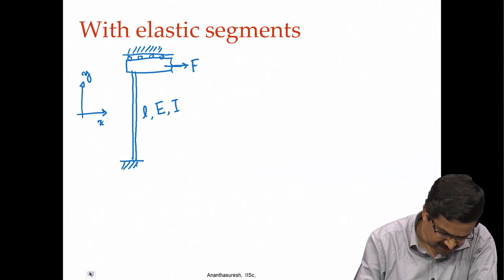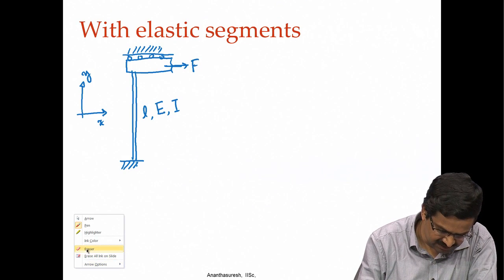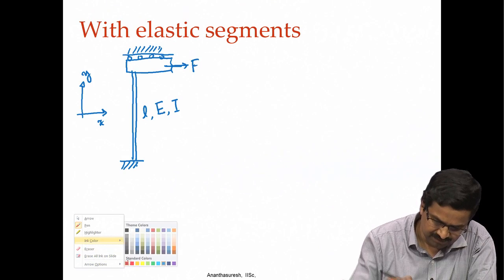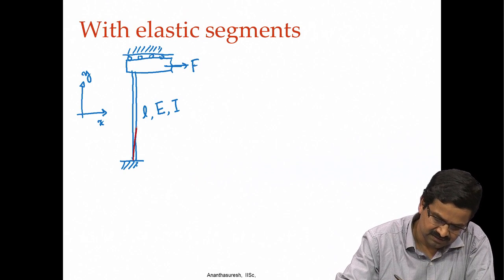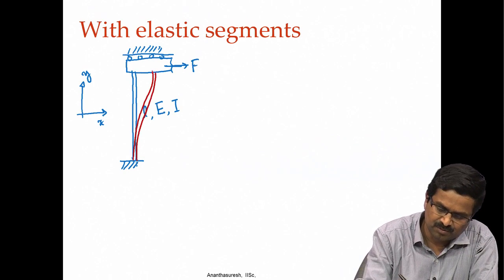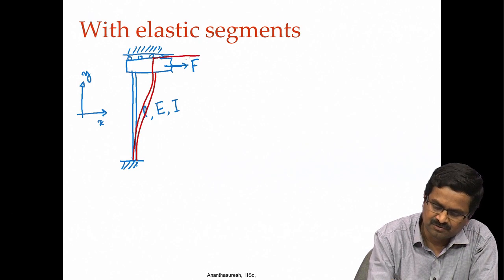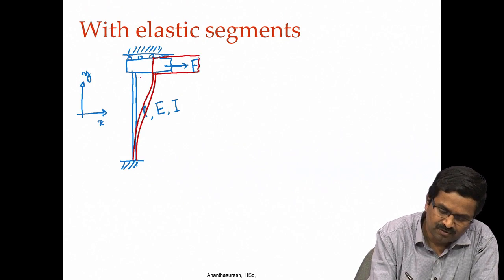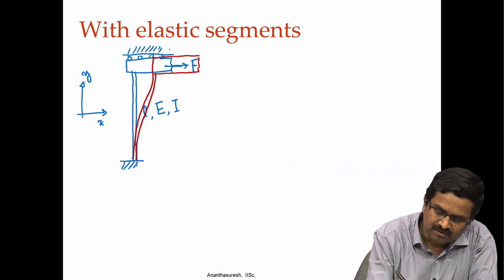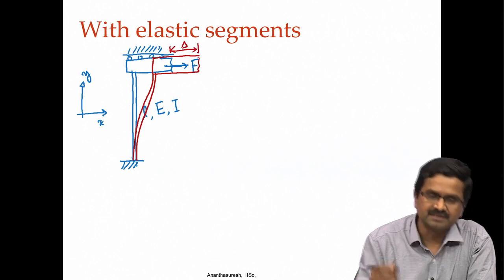And the deflection, as we have already seen, is going to be like this. Okay, so the block which was there is going to move there. So we want to know this delta here. It was over here, it has moved there now. We want to know what this delta is, right.